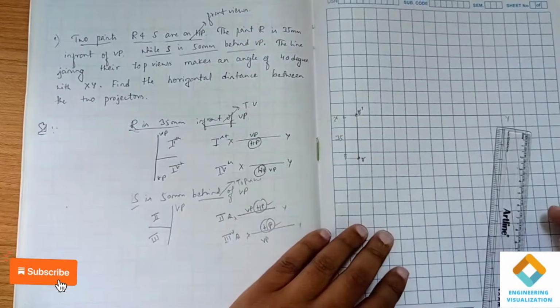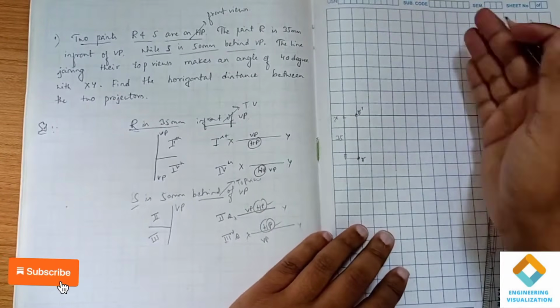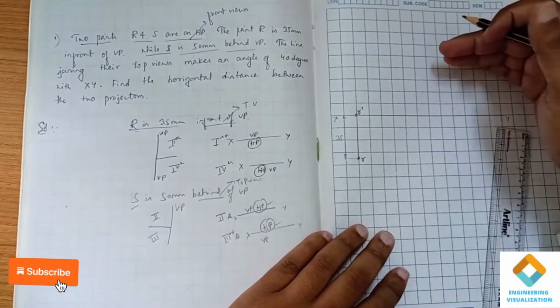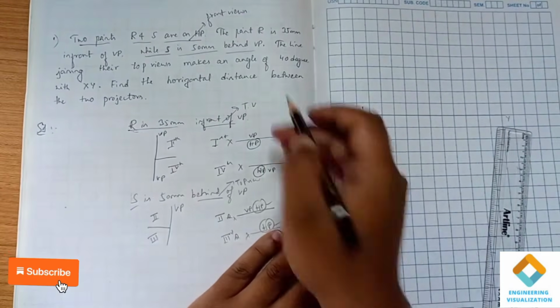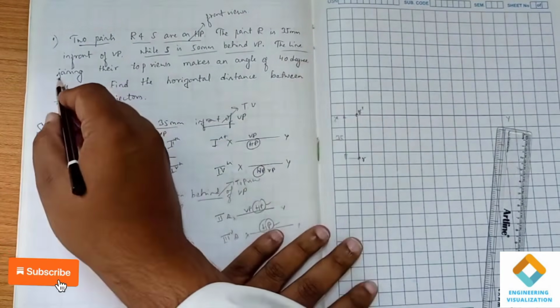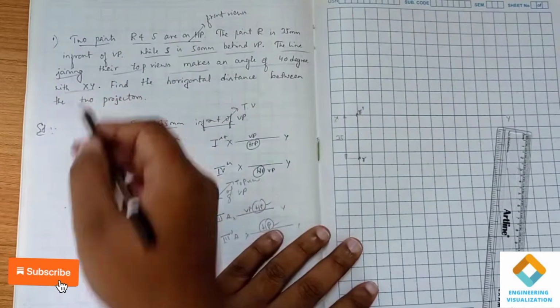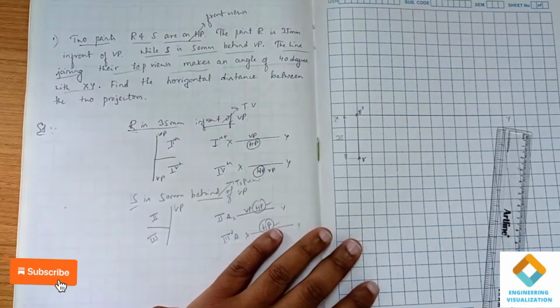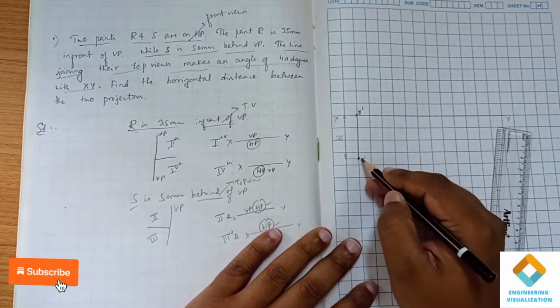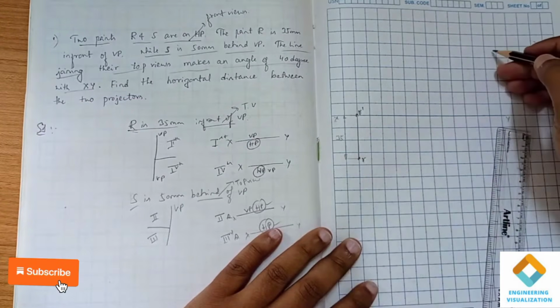We have to draw above the XY line, but before that you see the line joining their top views makes an angle of 40 degrees with XY. So the top view will exist somewhere here.